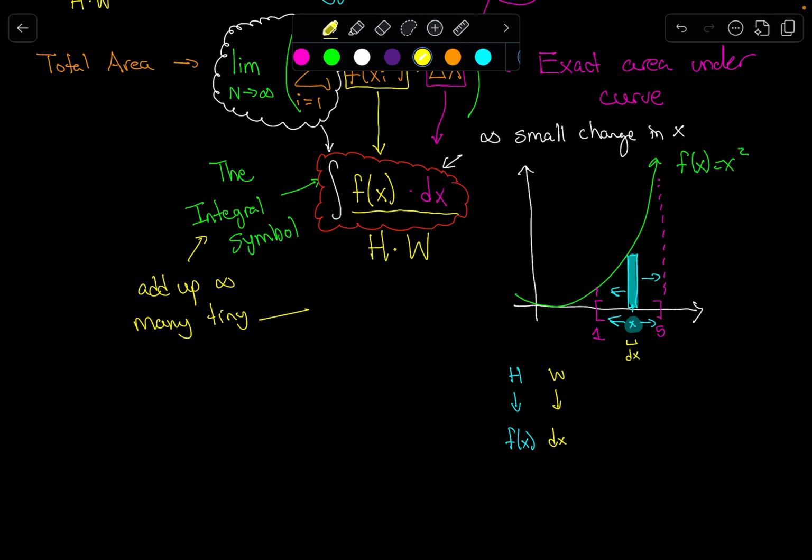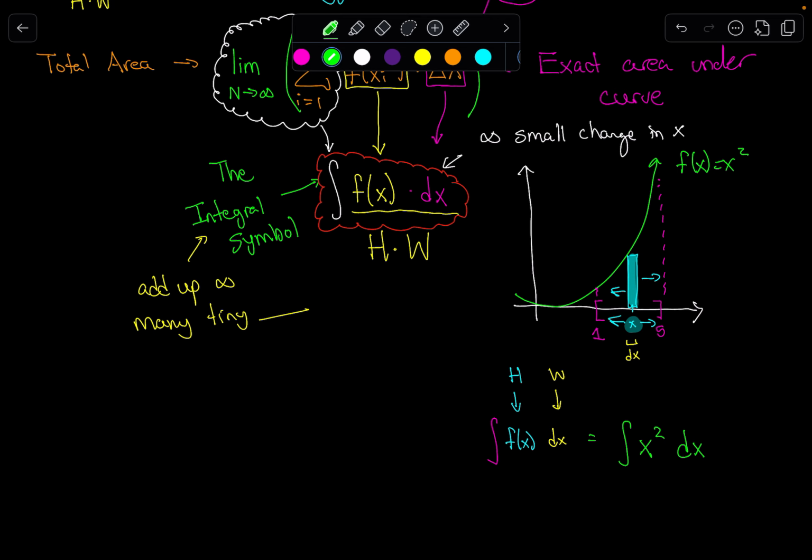And what does it mean to add up infinitely many pieces of something? It's going to be this integral symbol here. And so we could write this out more succinctly as the integral of x squared dx.